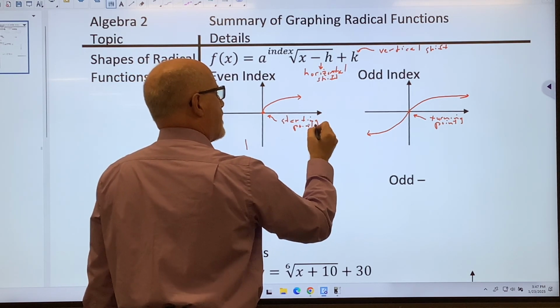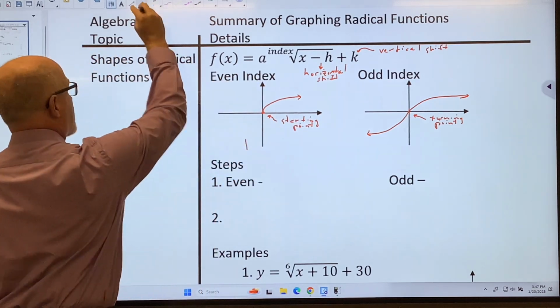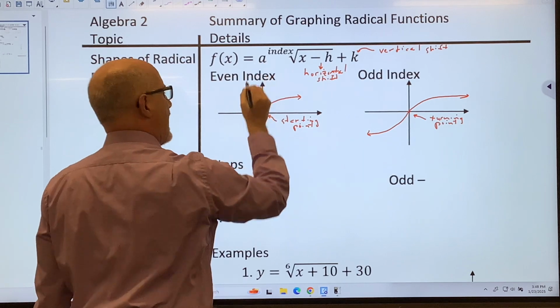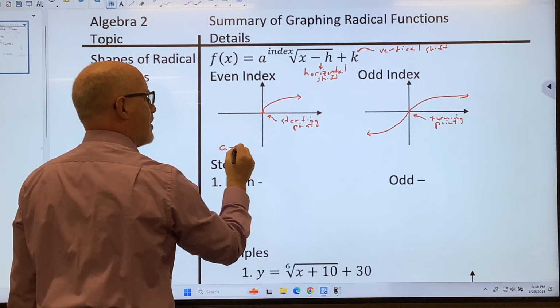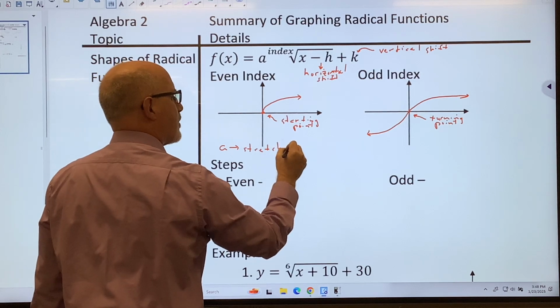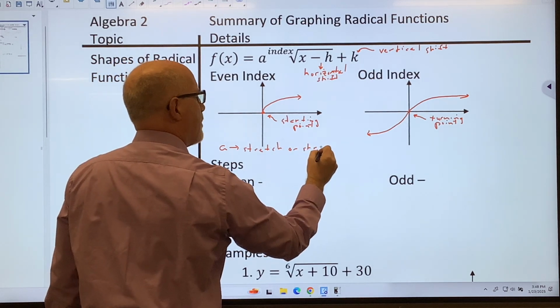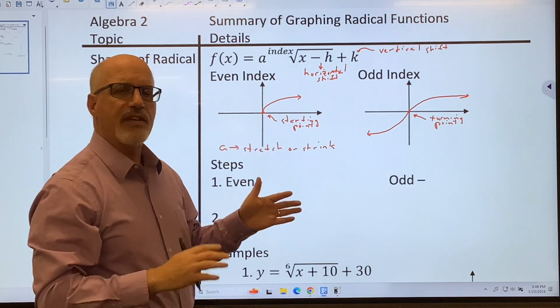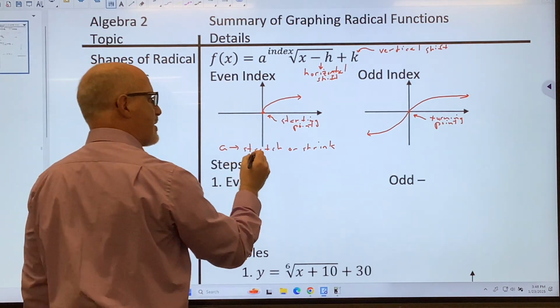Now, just to give you a little more information that will help you on this. You'll put down here the a in front here. The a will stretch or shrink. One more important piece of information. If that a is a negative, it's going to flip it over the x-axis.